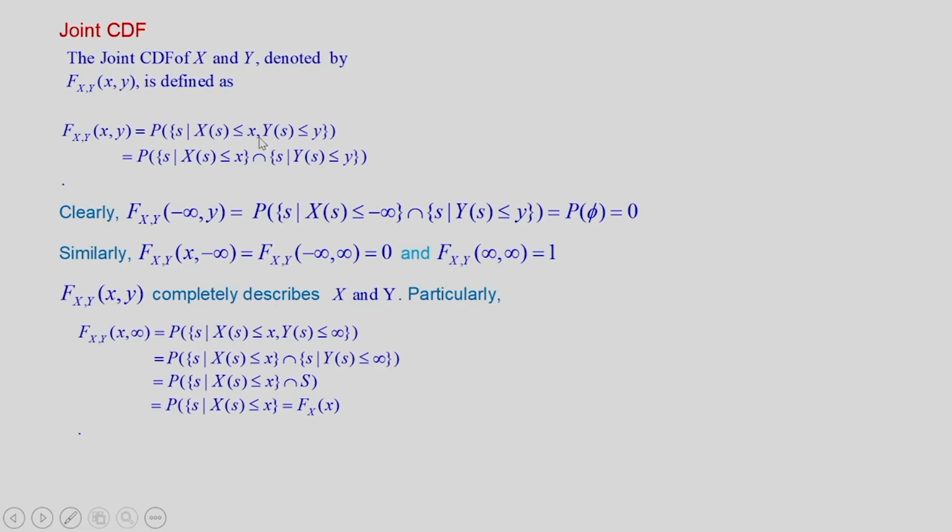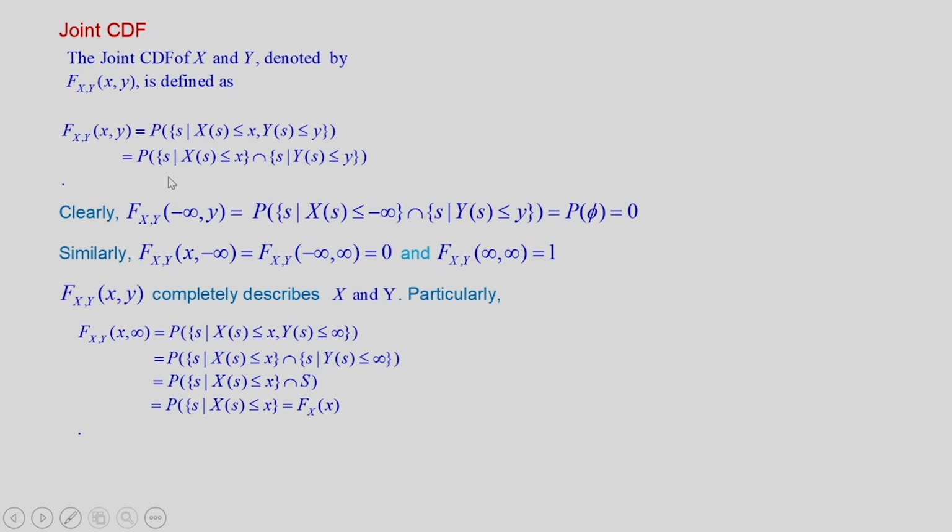This comma in fact means and, and we can write this in terms of an intersection event, probability of the event s such that X(s) is less than or equal to small x, intersection s such that Y(s) is less than or equal to small y. So, this is the definition of joint CDF, and this joint CDF completely describes two random variables X and Y.